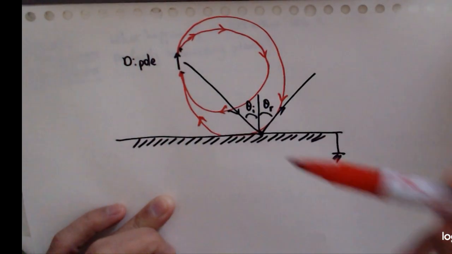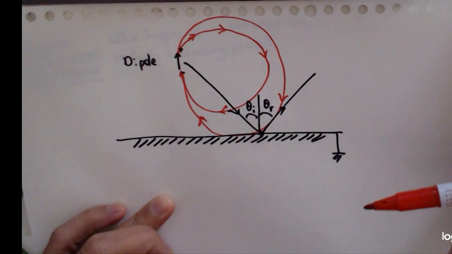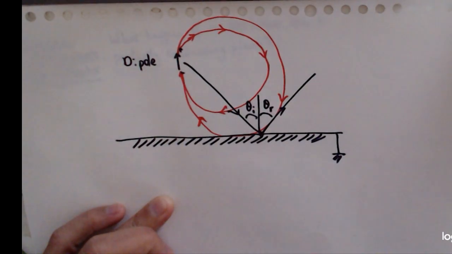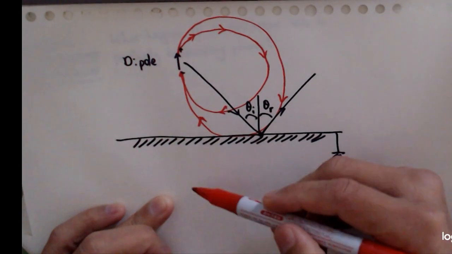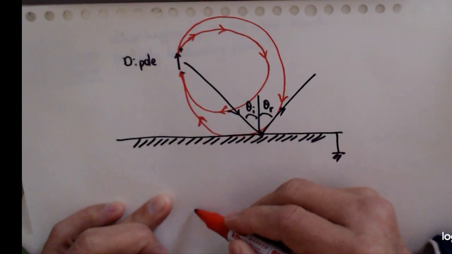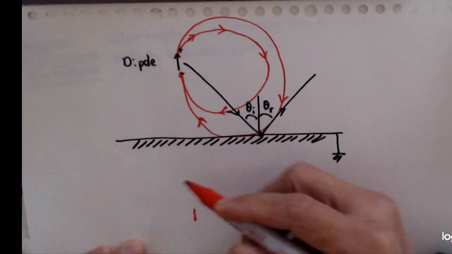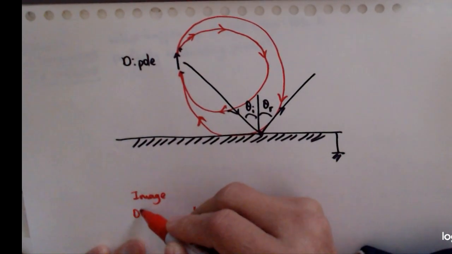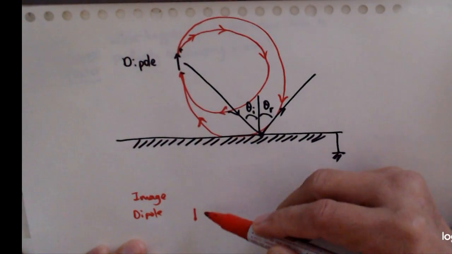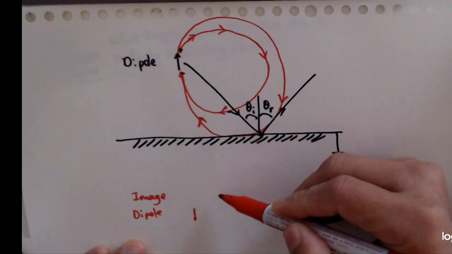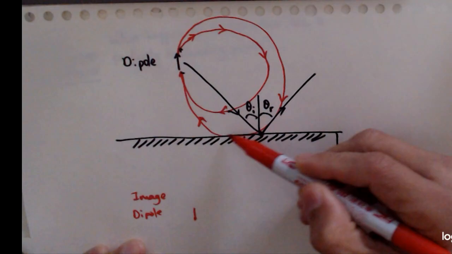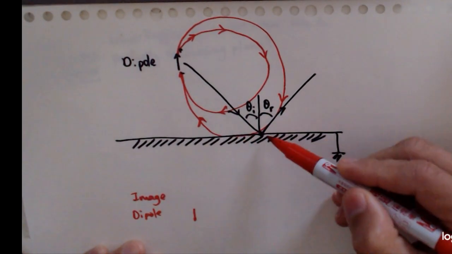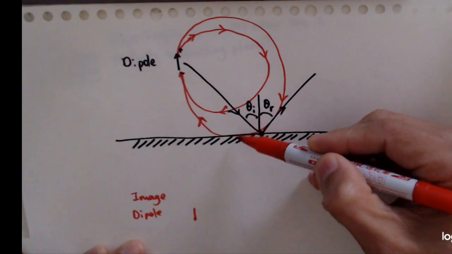But we previously have already emphasized one point. The tangential electric field is always zero. So what could that be? There must be an image. The image will be formed here. So this is the image dipole. The dipole will also create a current in such a way that it will counterbalance the current about the interface.